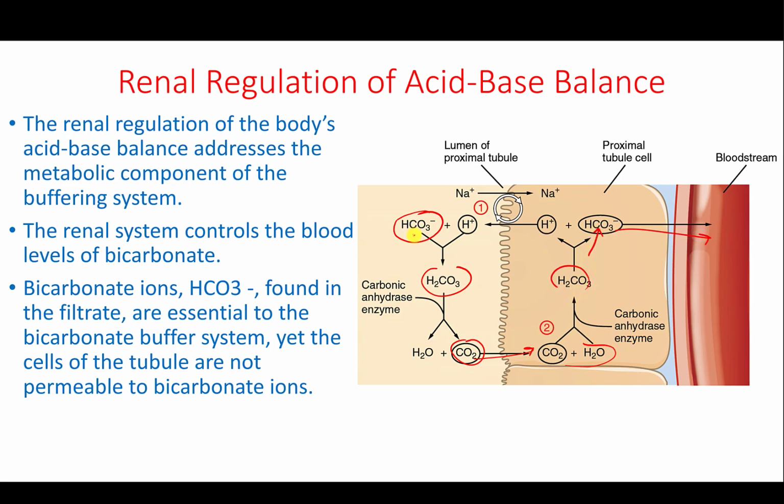Again, the kidney tubules cannot reabsorb bicarbonate directly from urine. They have to convert it to CO2. How? By binding hydrogen ion, giving carbonic acid, then breaking the carbonic acid into water and CO2. Absorb the CO2, bring it back to carbonic acid, break it down to bicarbonate, and reabsorb the bicarbonate.